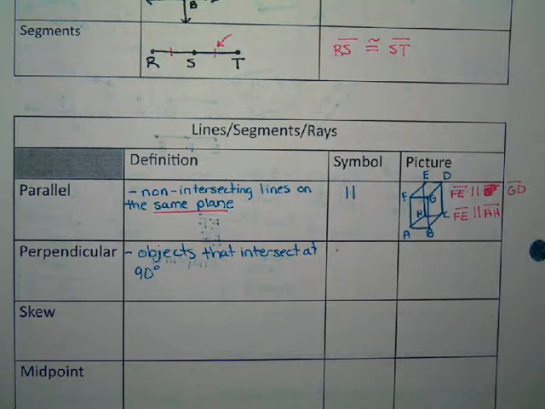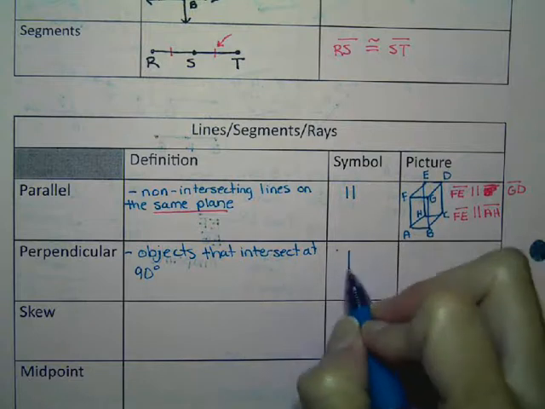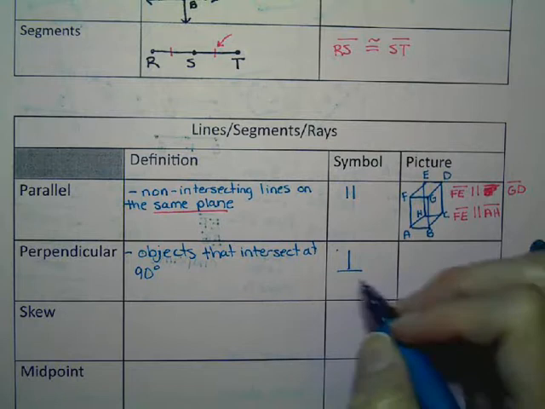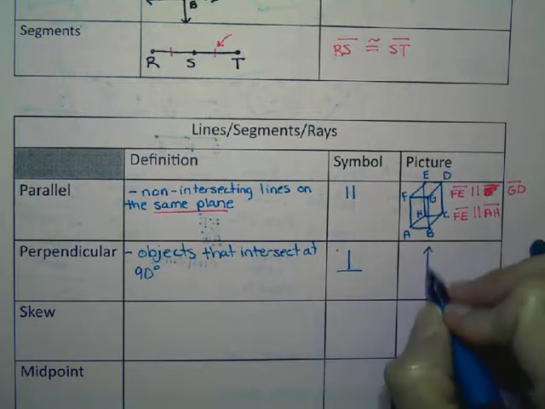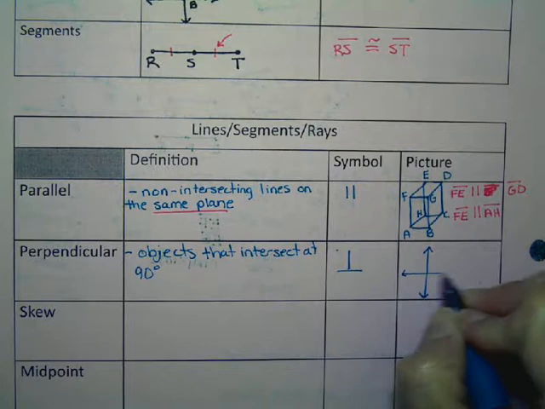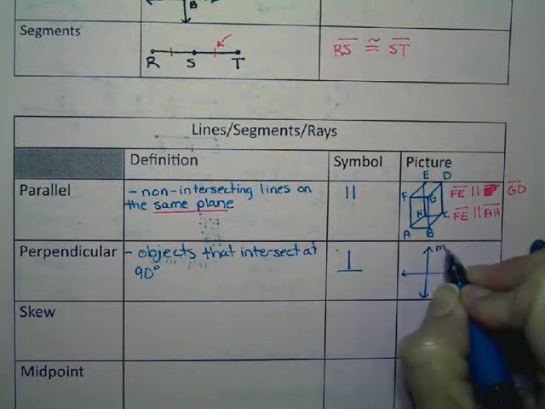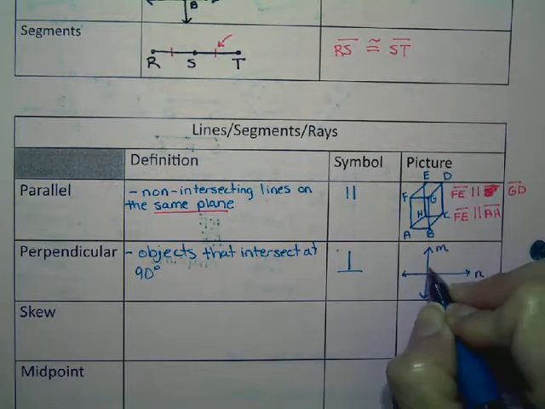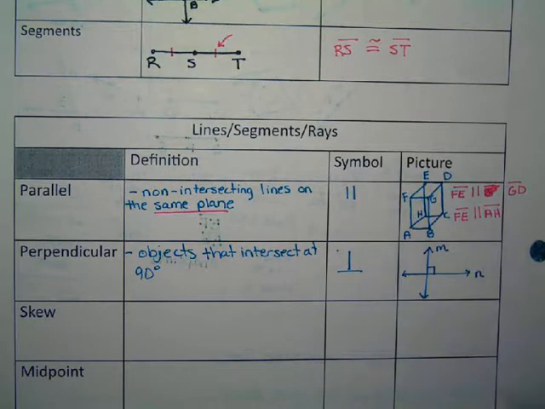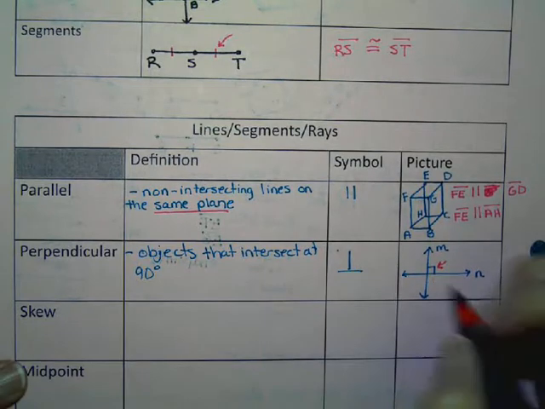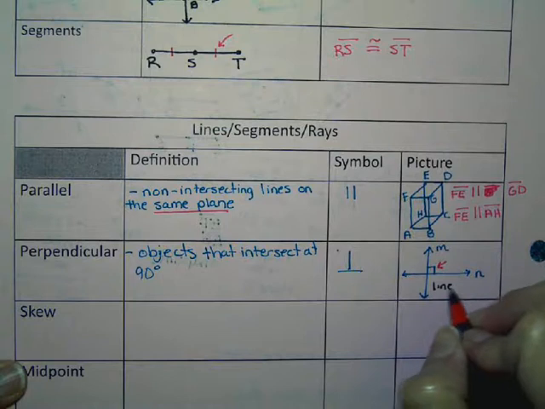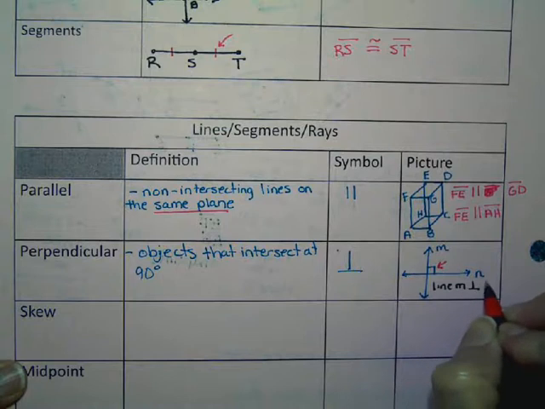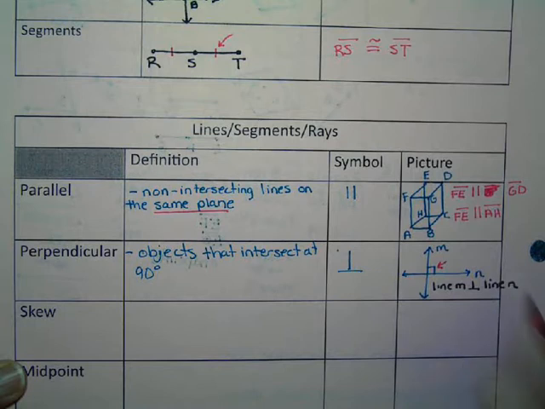The symbol for perpendicular looks like an upside down capital T. So this is line M and this is line N, and if there's a 90-degree box in the corner, that symbol shows in the picture that that is 90 degrees. So we would write that out as line M is perpendicular to line N. Again, not much room to write there, but that's the perpendicular symbol.